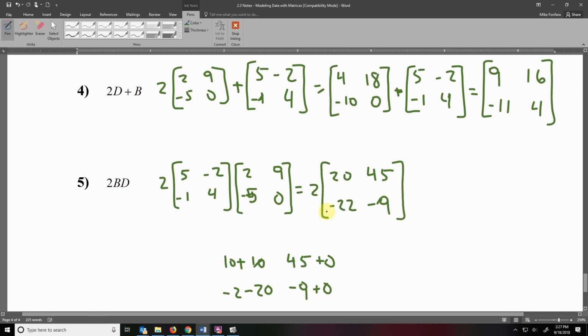So now we can do our scalar multiplication. 2 times 20. 2 times 45, 2 times negative 22, and 2 times negative 9.